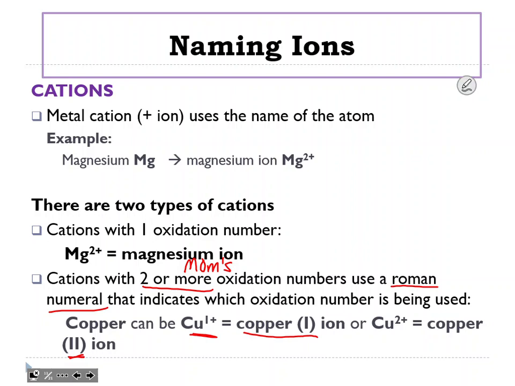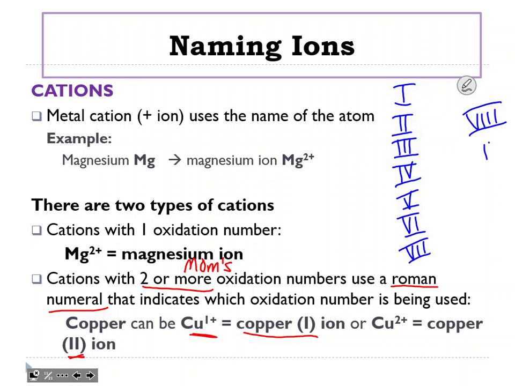Just to refresh people's memories of Roman numerals, if you haven't done them in a while: 1, 2, 3, 4 is the 1 before the V, 5 is the V, 6 is a 1 after the V, 7, 8 has 3, 9 is 1 before the X, and then X is 10.